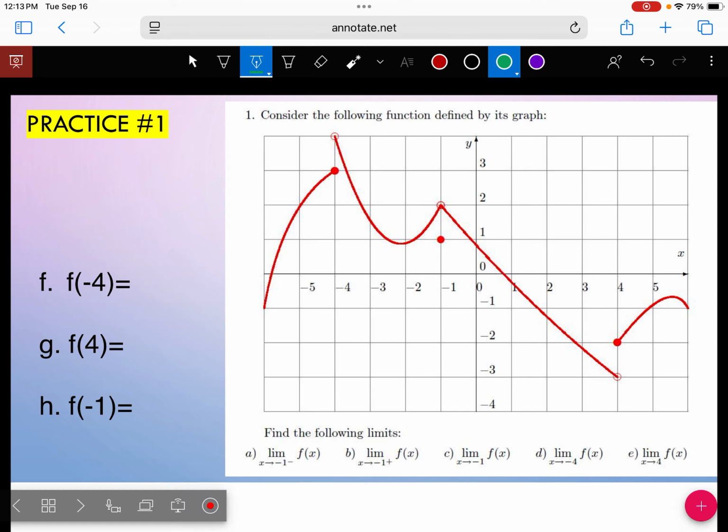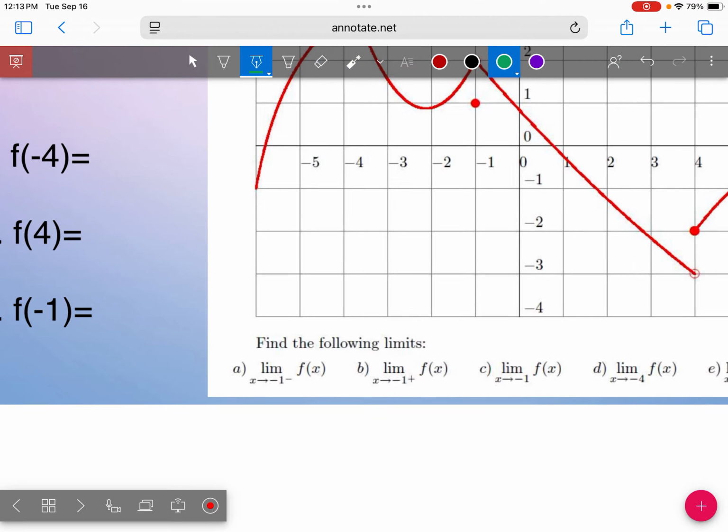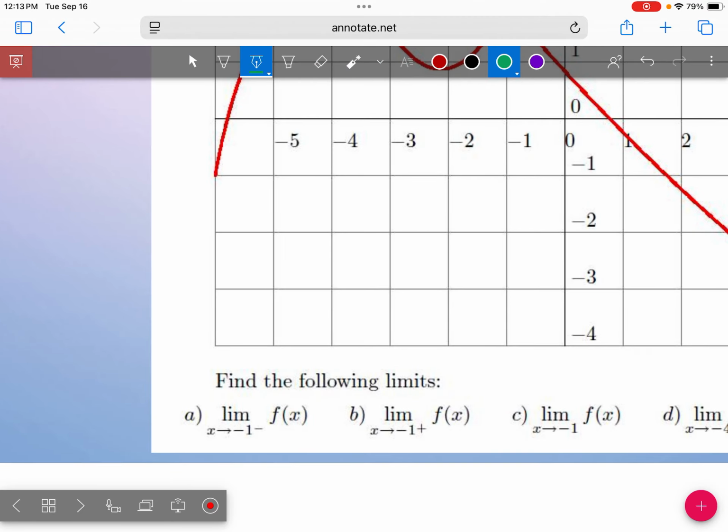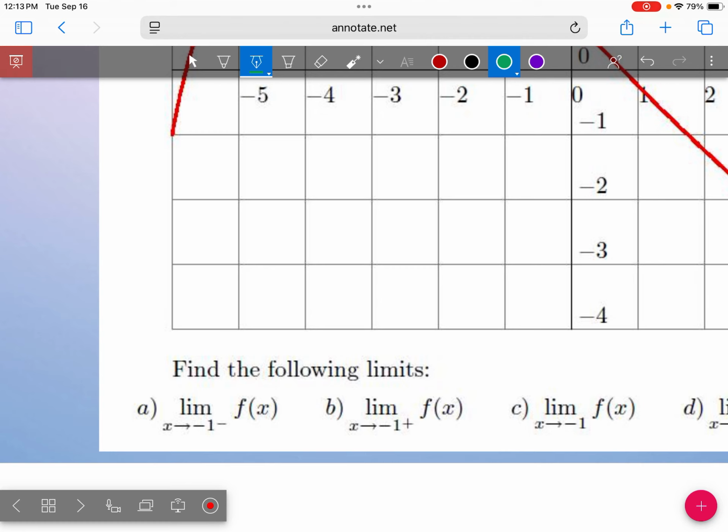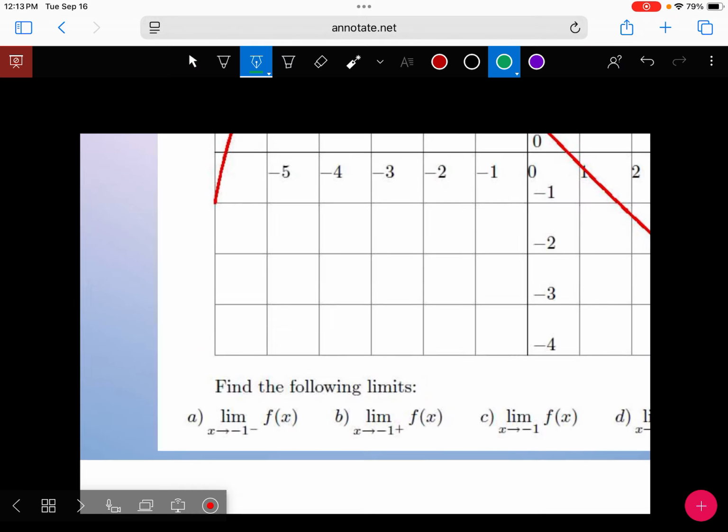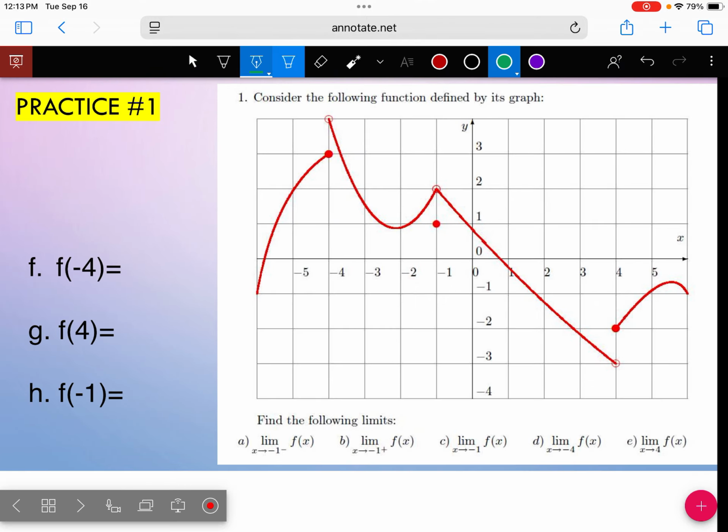All right, so let's look at this first graph. A, B, and C is asking me to look where? -1. So let's look at -1. What is happening at -1?